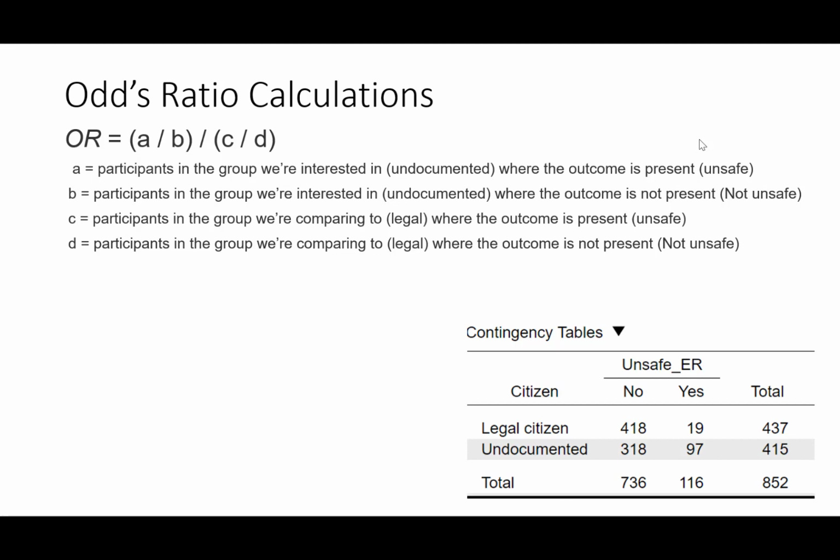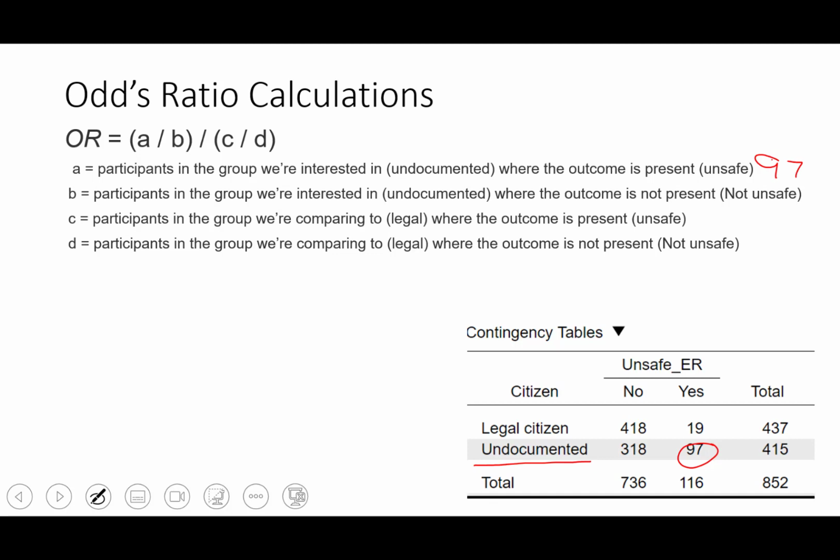For this, we're going to be doing first A divided by B, where A represents the people in the group that we're interested in, which is the undocumented immigrants, where the outcome is present, meaning they feel unsafe. That's the outcome that we're interested in. So for A, the number of undocumented citizens who felt unsafe is 97.